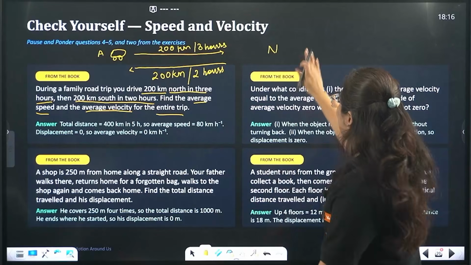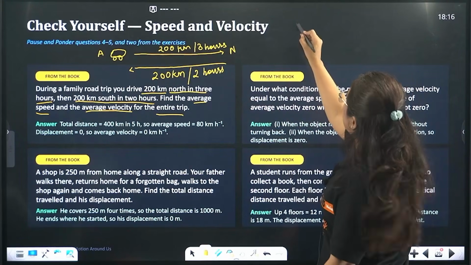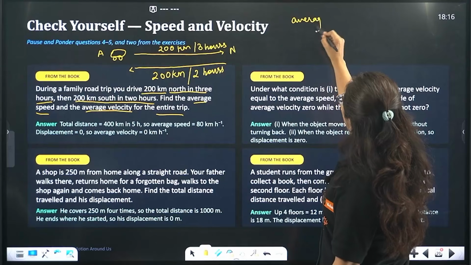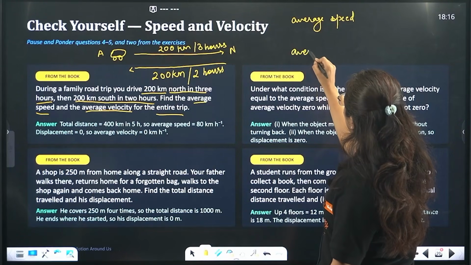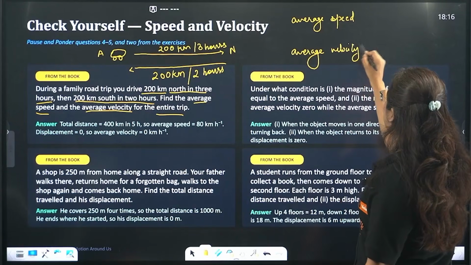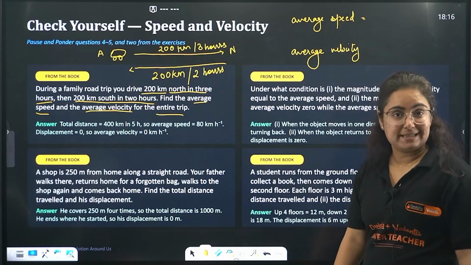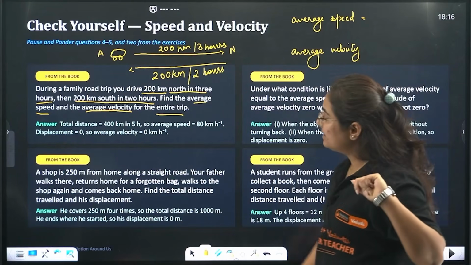So what you have to find in this numerical is, first, the average speed, and then the average velocity. So what is the average speed? Average speed is basically distance upon time. What is the distance here?